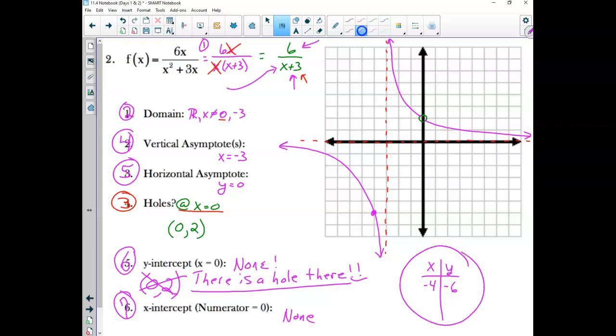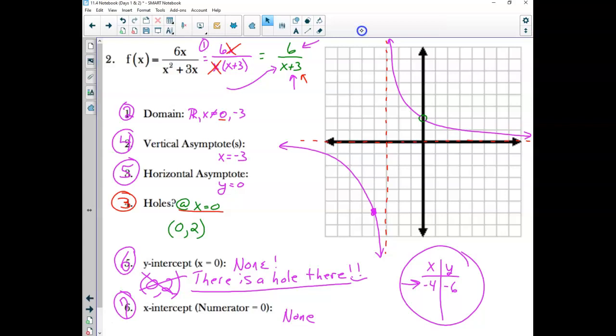So what I did was I plugged in -4, because that's on the other side of the asymptote. I got -6. I found that point, and I just made my graph. You don't have to find a ton of points. We are grading that you are plotting your vertical asymptote correctly, your horizontal asymptote correctly, your x-intercepts and y-intercepts correctly if they have them, and then are your branches in the appropriate spots.